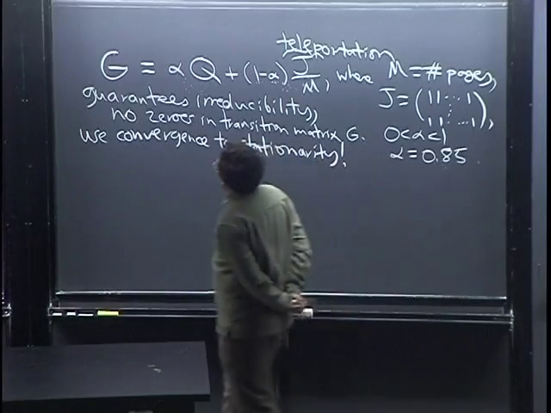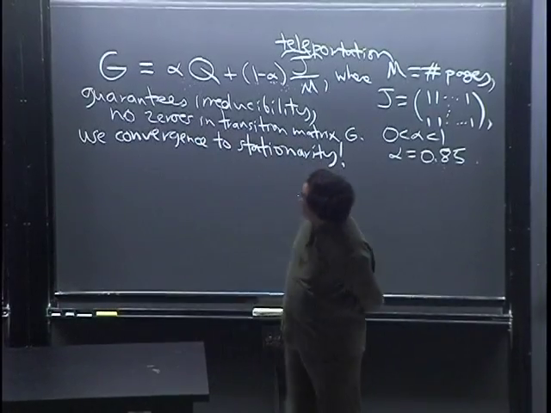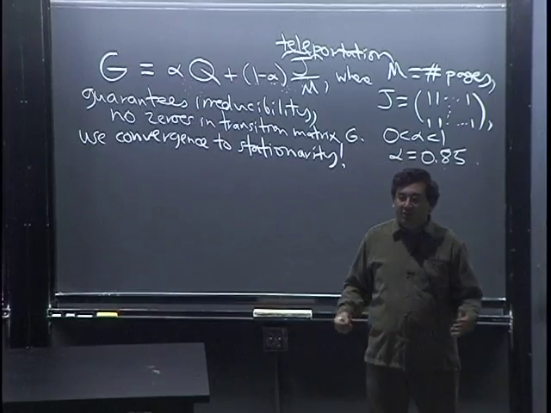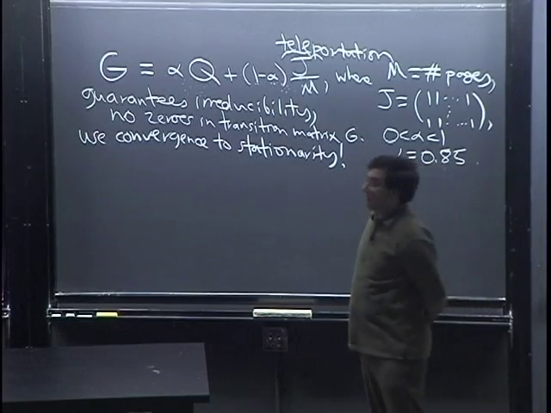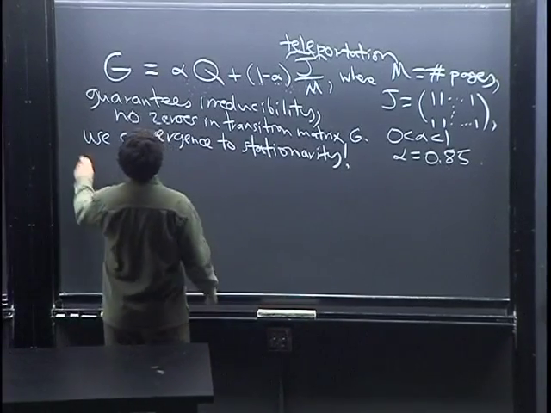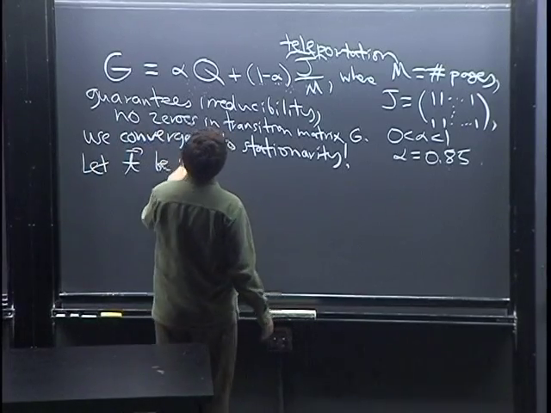Okay, so how do we actually run this chain, though? The computation looks like it's going to be extremely difficult because these matrices are so large. It's actually much simpler than it looks, and I just want to show you why. So let t be our initial probability vector.